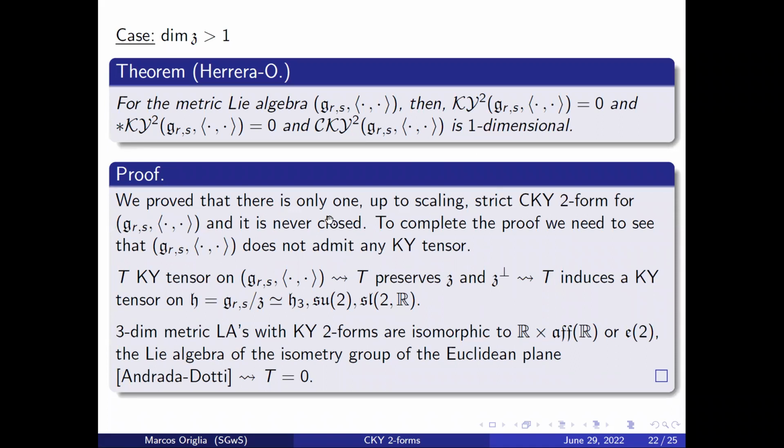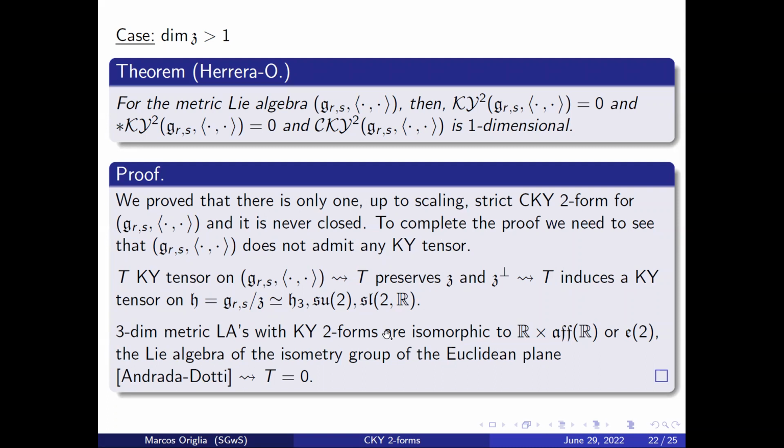And the proof is just a reduction to the three-dimensional algebra. If you assume that there exists a strict conformal Killing 2-form, we prove that it's never closed. Then the only thing we need to check is if there is some Killing 2-form in this case. But if there is some Killing, then this Killing goes to the quotient of the Lie algebra by the center. And this quotient is just the Heisenberg, SU2 or SL2.